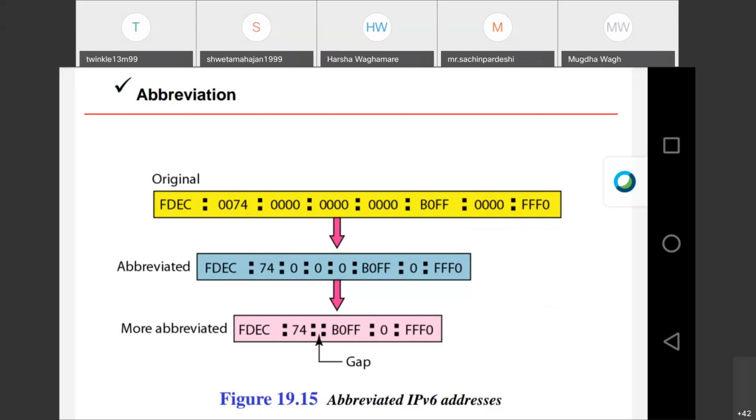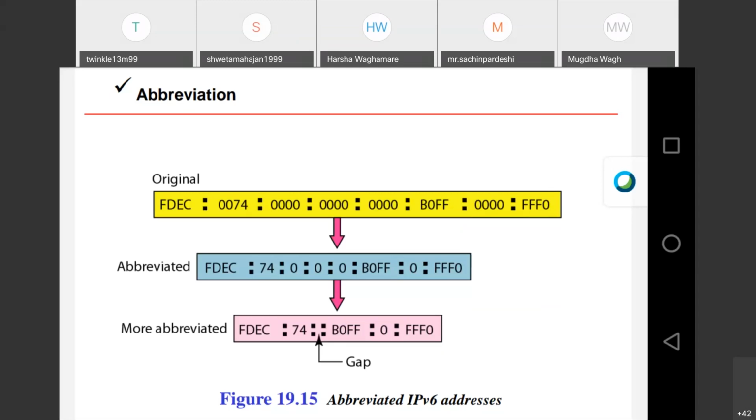So instead of 0000 in the abbreviated address, we write only 0. In the first block, FDEC colon 0074, instead of 00 we write only 74. The leading 00 is not valuable, so we can drop it. Like if we write 9 and 09, we can drop the 0.